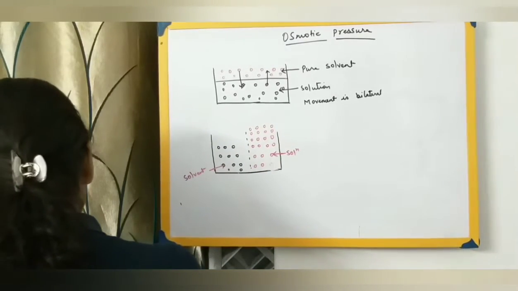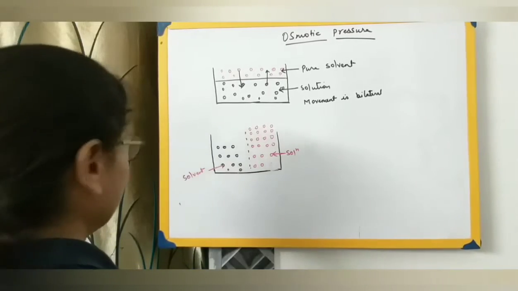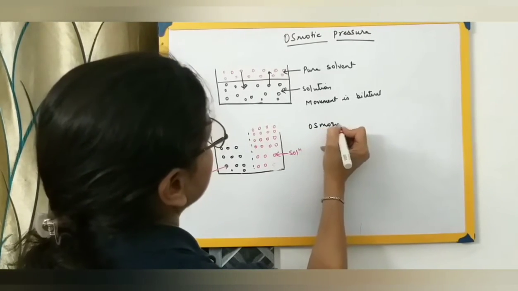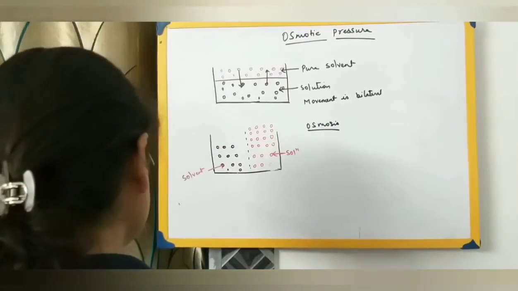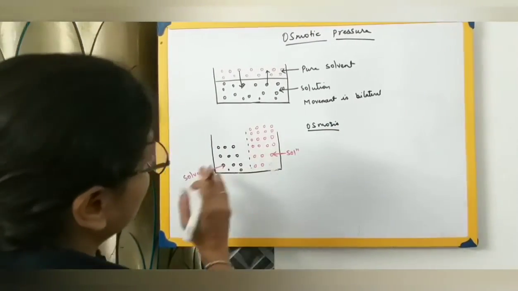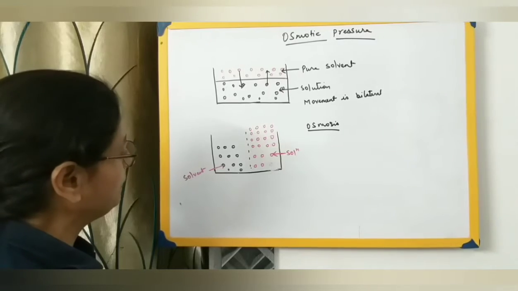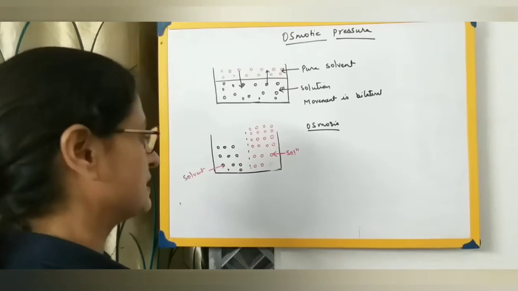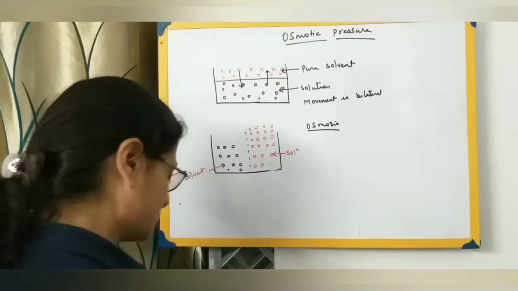This process we call osmosis. This process, where it allows the solvent particles to move across the semi-permeable membrane but not the solute particles, when separated by a semi-permeable membrane, we call osmosis.